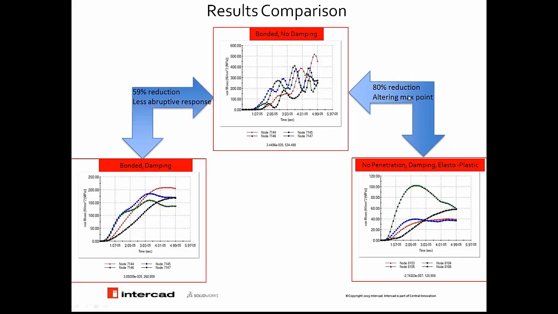And if we consider the dampening, the material plasticity, and also nonlinearities of the geometry or contact, we come to the last figure, which has an 80% reduction in our top stress values in the lens area.